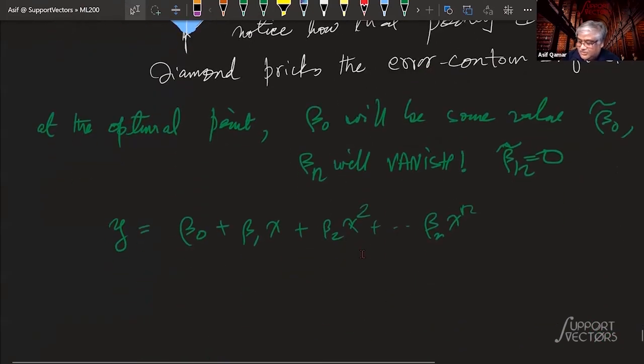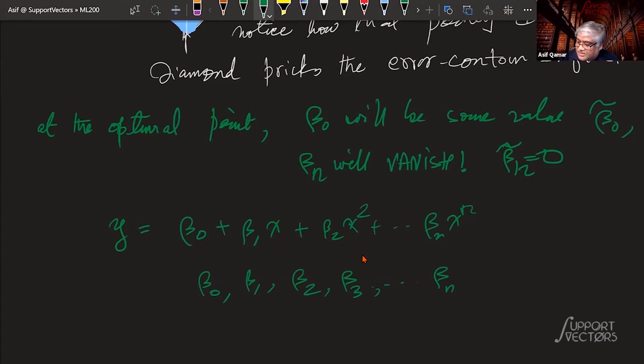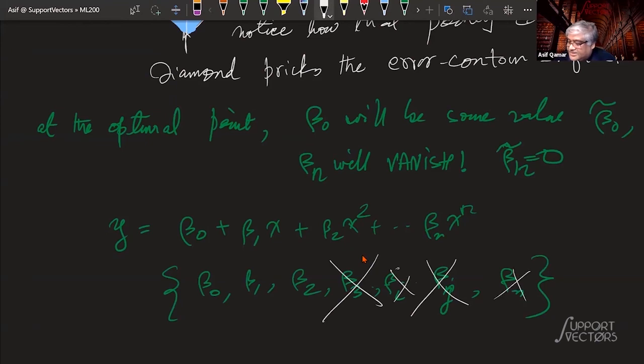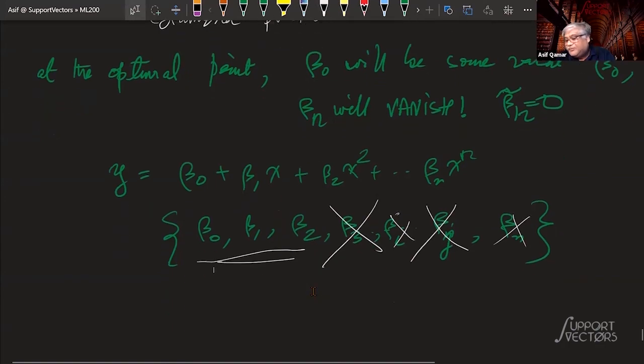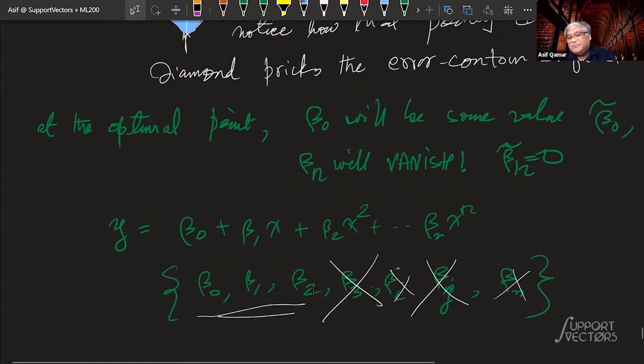Out of the betas that you have, beta 1, beta 2, beta 3, up to beta j, beta n, because you punctured the contour along this axis, some of these betas may start disappearing. Your problem therefore reduces to a lesser number of terms in the equation. Do you see that, guys? And so your model will be simpler.